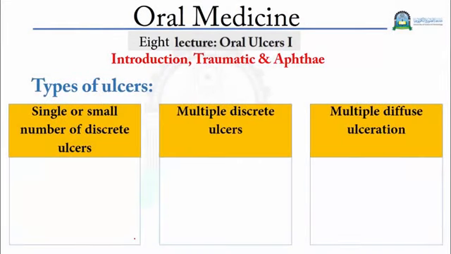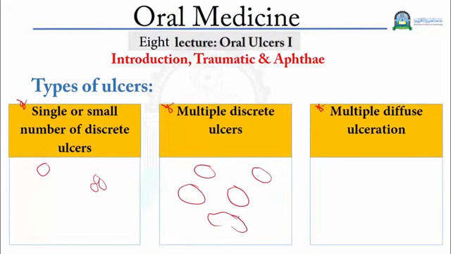So there are types of ulcers: either single or a small number of discrete ulcers, multiple discrete ulcers, or multiple diffuse ulceration. For single or small numbers of ulcers in the oral cavity, you will find just an oral ulcer or a small number of discrete ulcers. Multiple discrete ulcers you will find on the tongue, on the buccal mucosa, on the floor of the mouth, on the palate.